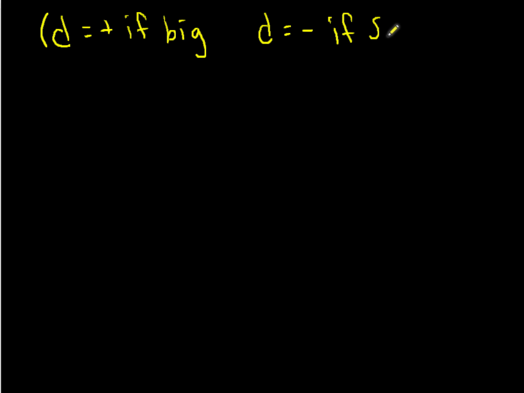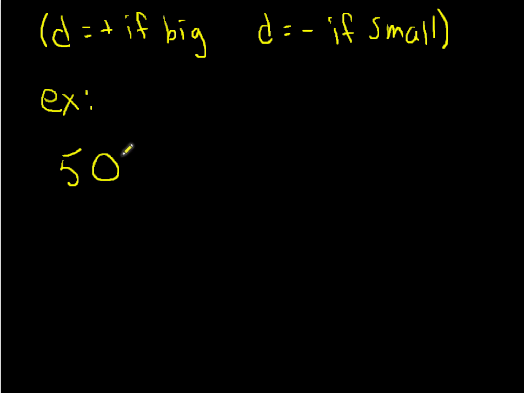Remembering that D is positive if you were changing a big number into scientific notation, and D is negative if you were changing a small number, a decimal number, into scientific notation.